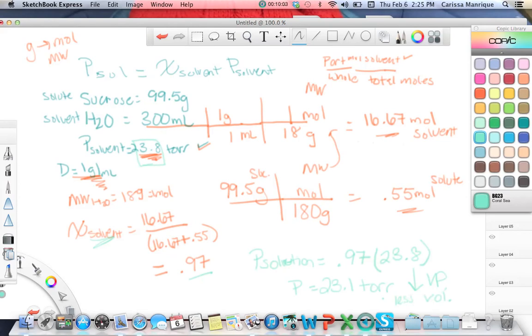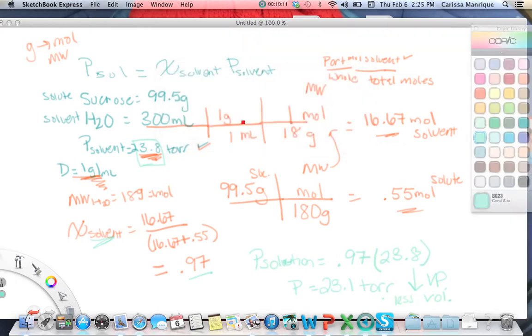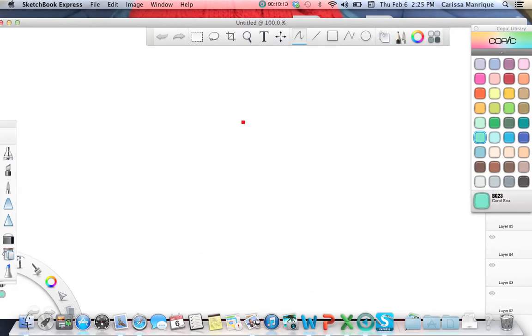Okay, so what are some of the consequences of that? We're going to do another example of this. When you have a lower vapor pressure, this means you're going to have a higher boiling point. That means it's harder to become a gas.